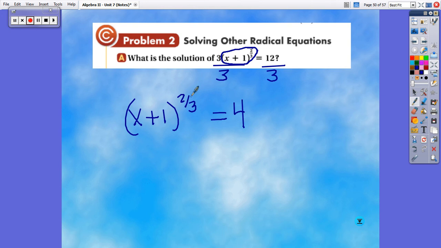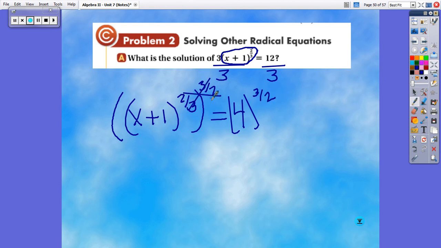So the way we undo this is we want to have an exponent of 1 here. So we're going to raise this whole side to the 3/2. Remember, when you raise a power to a power, you multiply. 2/3 times 3/2 is 6 over 6, which is 1 over 1. And that's what we want. And if we raise it to 3/2 on one side, we have to raise it to 3/2 on the other side.